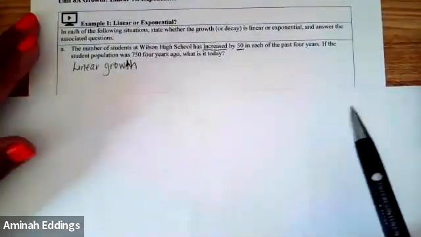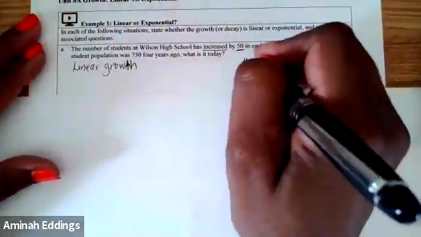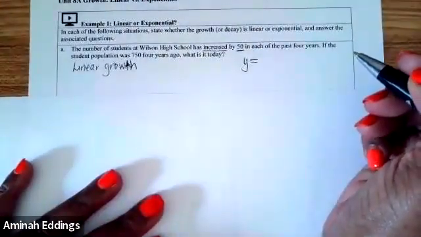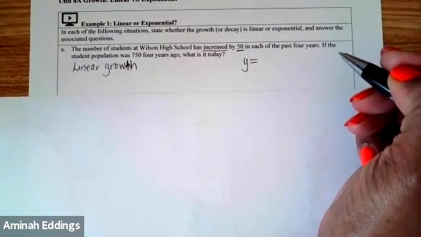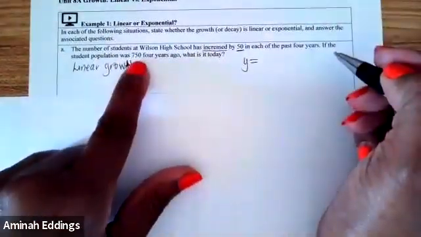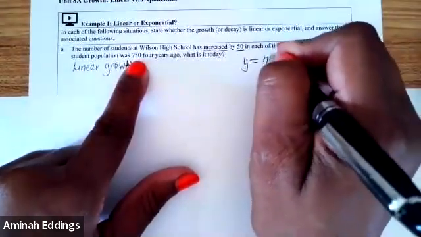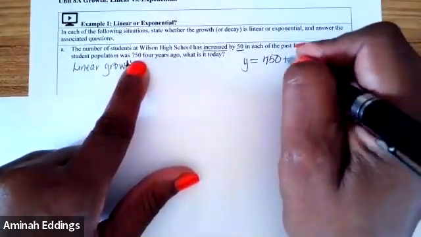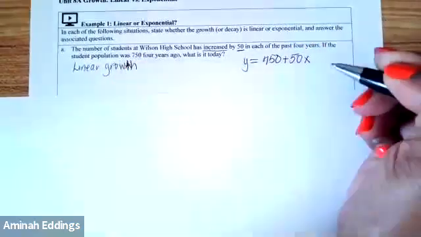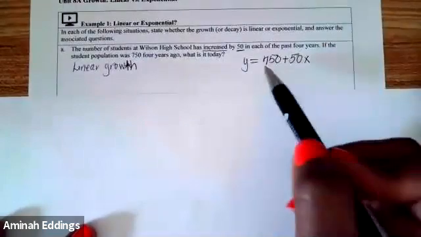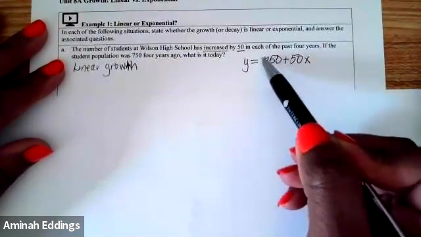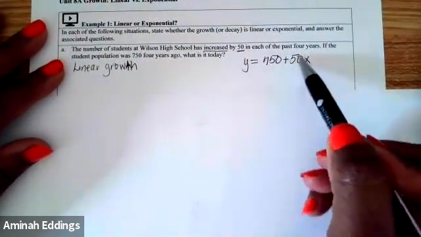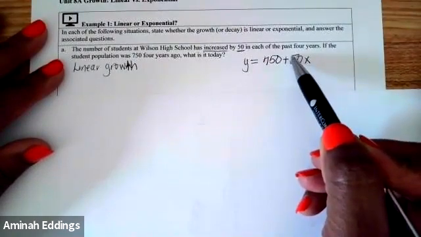So our function would be y equals, anyone want to take a stab at it? What's our initial population? 750. So that's our starting point. Increase, so plus 50x. So again, when we're talking about linear, we have our initial or our starting point plus or minus whatever that change is, okay?